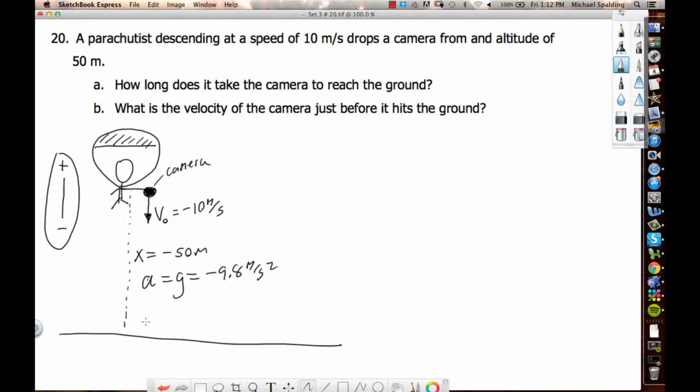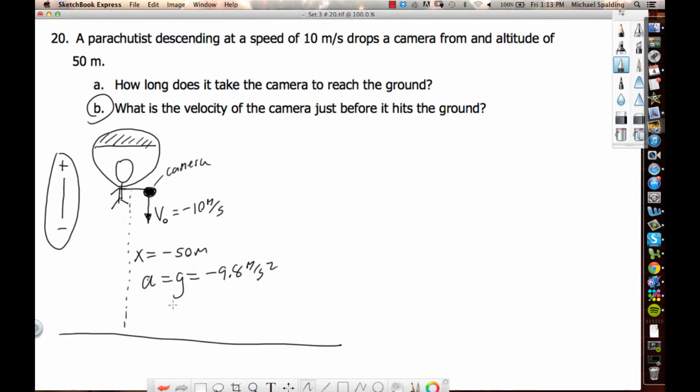And then, look at part B: what is the velocity of the camera just before it hits the ground? I can't tell you how many times I've had kids say to me, isn't the velocity 0 when it hits the ground? Doesn't it stop? Well, yeah, but is that what the question's asking for?